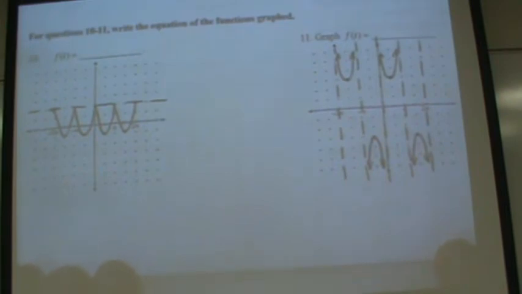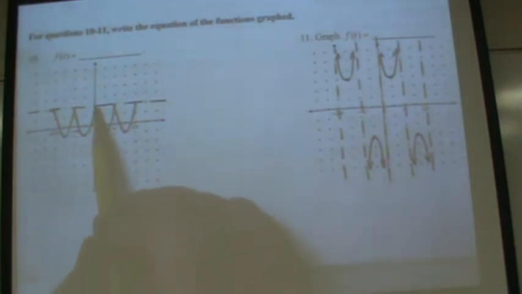Okay. For 10 and 11, you need to write the equation of the functions that are graphed. So for number 10, looking at this, we know that it starts at the y-axis and it goes down, so we automatically should be thinking that this is some sort of sine function.